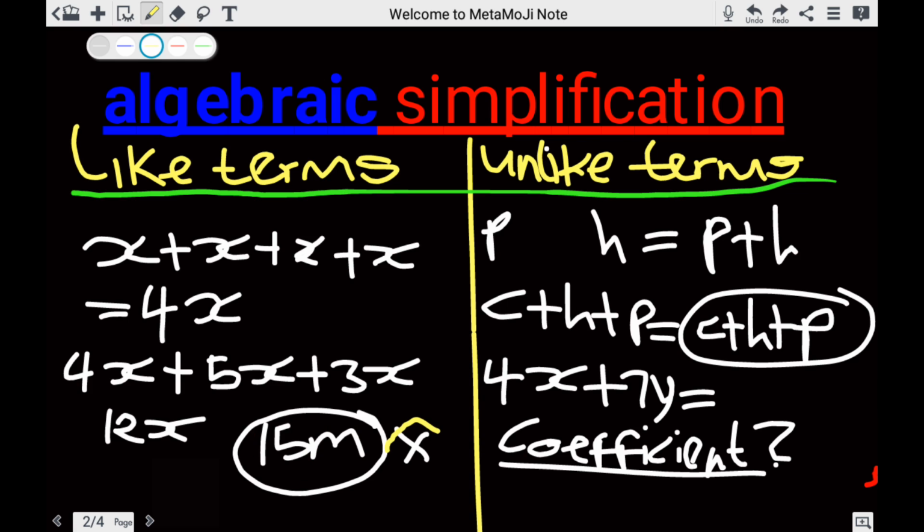The link is multiplication, so we read it as 15 times m. So therefore, the coefficient is 15.